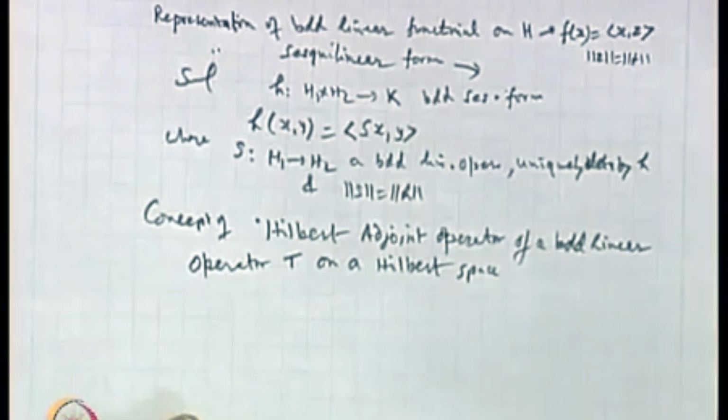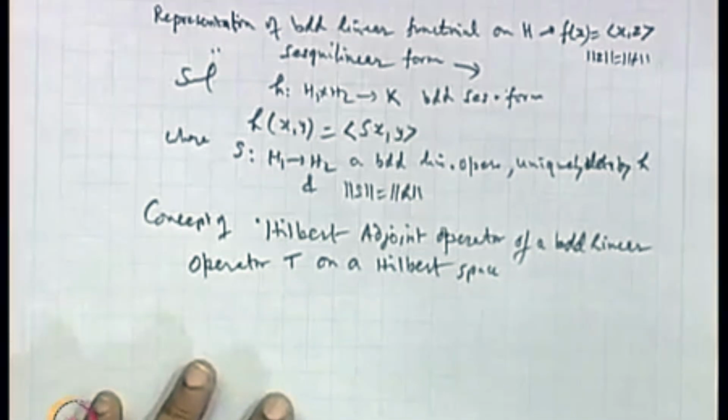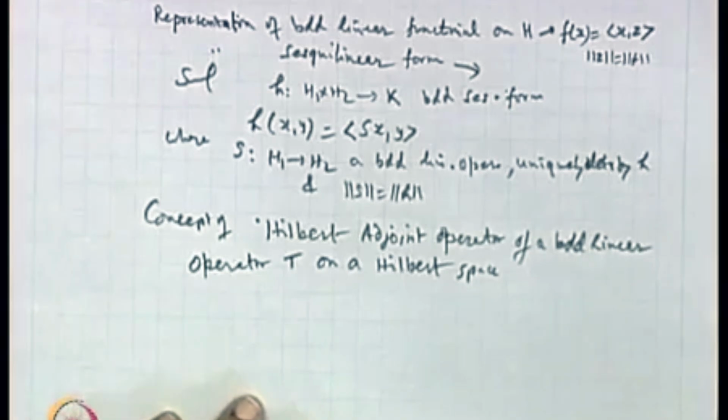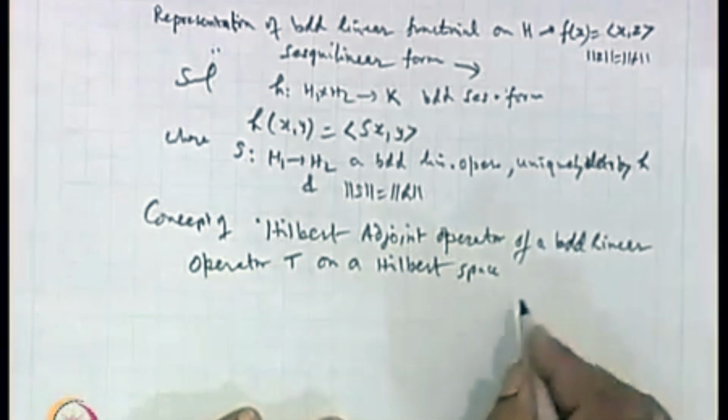Now, this concept of the bounded Hilbert adjoint operator in fact comes when we study matrices and linear differential equations. When we go through linear differential equations or integral equations, all the matrices are converted into the form of operators, and then the concept of the Hilbert adjoint operator comes.